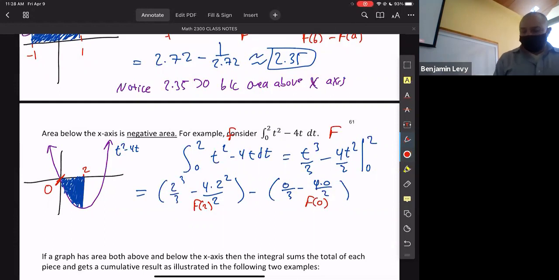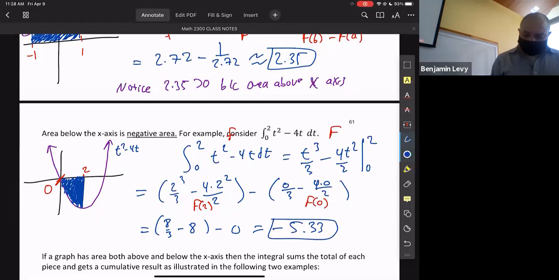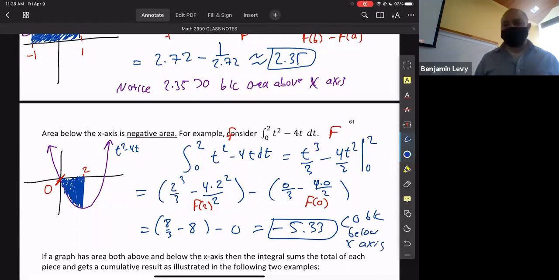Okay. So we just get, I'm just going to be super clear in case anyone's confused, something from the first one, which ends up being minus 5.3. And it's negative because it's below the x-axis. All right, hopefully that makes some sense.